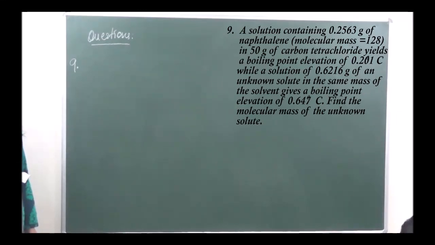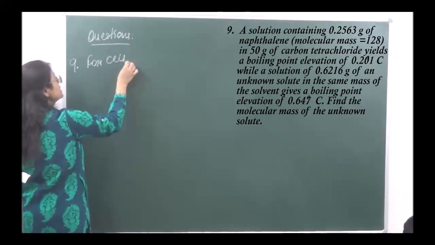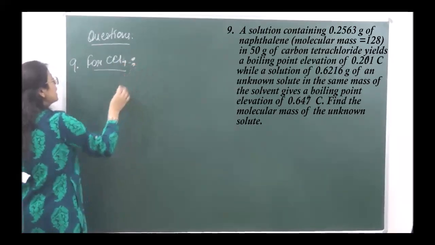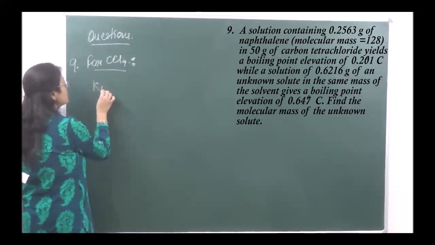Find the molar mass of the unknown. Okay, now we have this thing over here. The first one we are going to use the formula Kb. So let's first take it for carbon tetrachloride, CCl4.